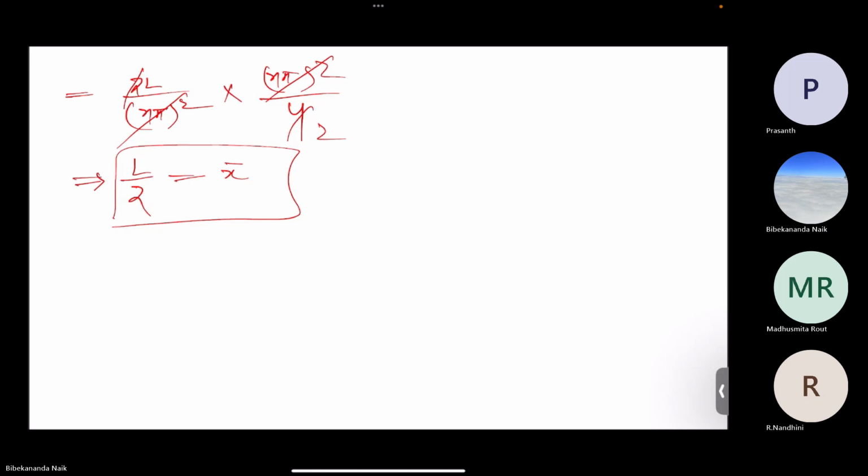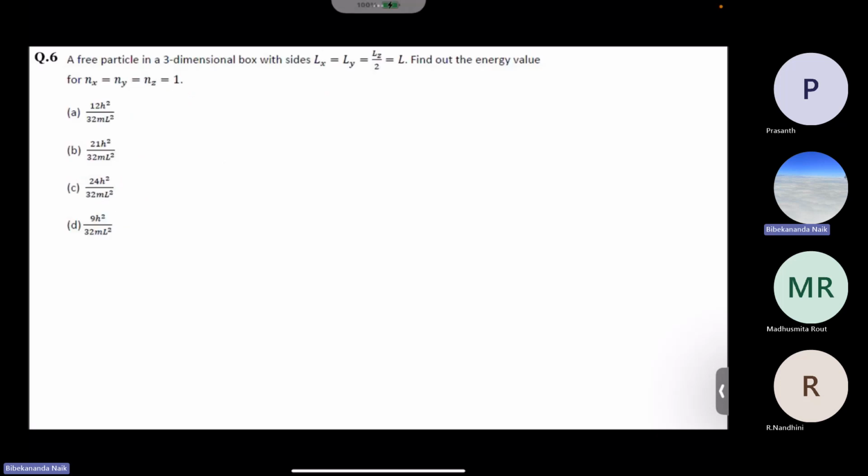So, can anybody tell me how we will proceed with this problem? Yes, anyone? How we will solve this problem? In previous problems, we were talking about particle in one-dimensional box, but here we are talking about particle in three-dimensional box.